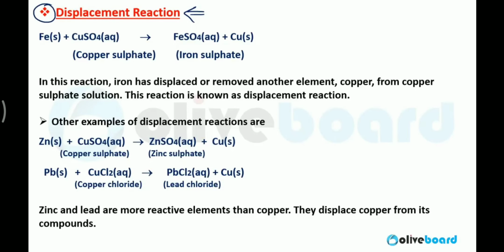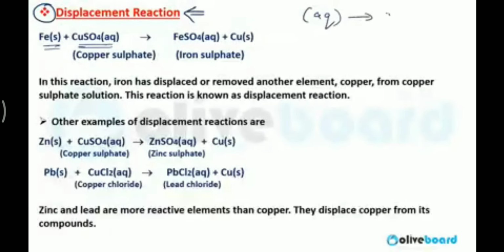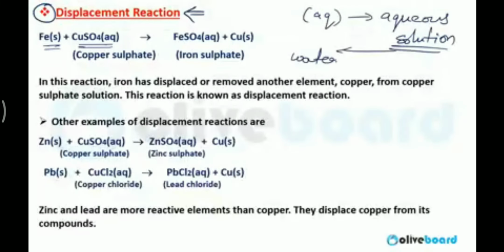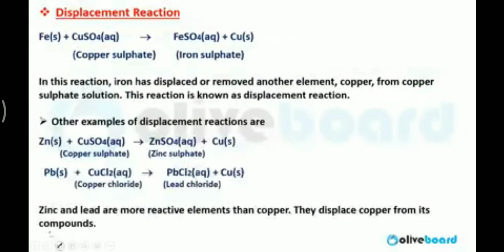Here you can see from this reaction, there is iron in the solid state, and this is a copper sulfate solution. Bracket aq means aqueous solution, which means water is there, water is mixed in the solution. So we have taken an aqueous solution of copper sulfate and iron in solid form.